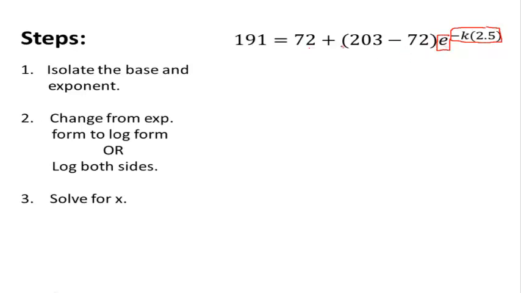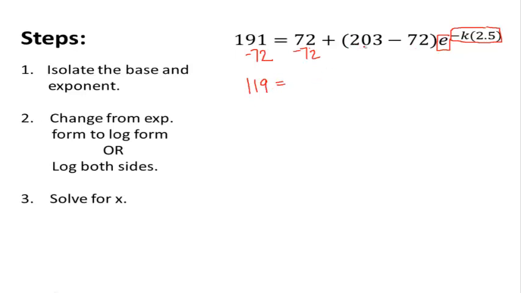Everything else over here, that's got to go. So let's start by getting rid of this negative, or subtracting 72 here. I'm just doing that on my calculator. We get 119.